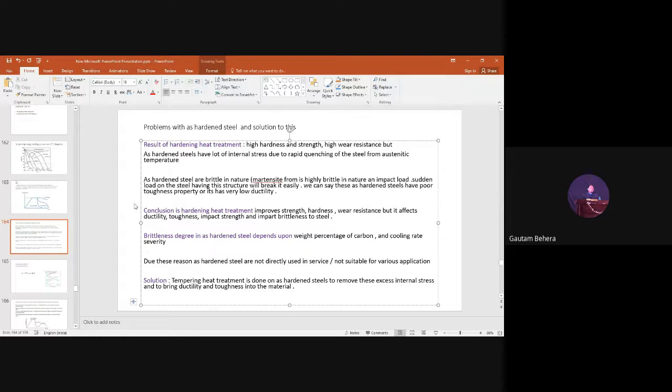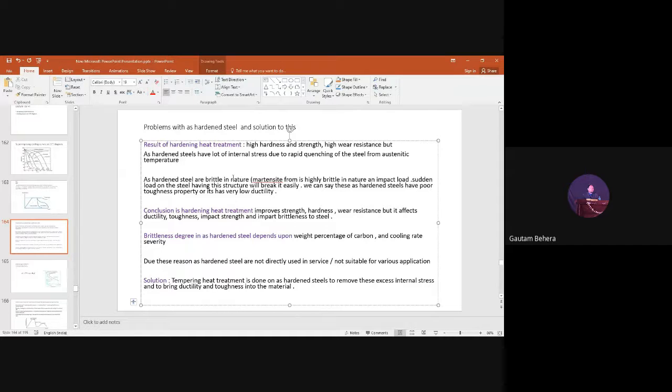The second issue is that as-hardened steels are brittle in nature. I think everybody has gone through the video in the previous lecture. You have seen how the knife becomes brittle and breaks easily after quenching in water. So if we do hardening heat treatment, we end up with steel with brittleness.